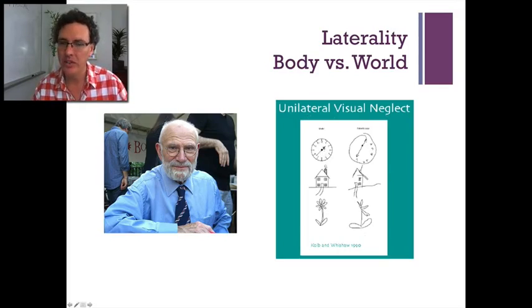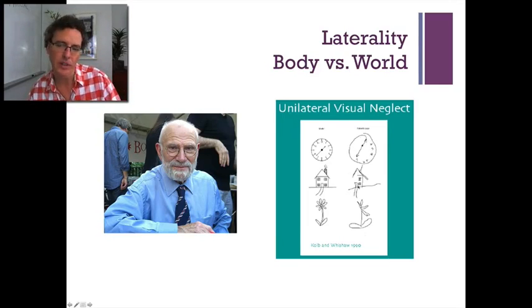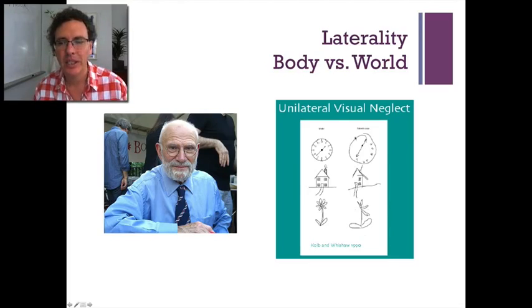If you gave patients these figures and you said, hey, can you please draw these? They would draw them, but you would note this common bias in the sense that the right side of the figures, they copy with pretty good detail. But the left side, they tend to leave a bunch of stuff out. In fact, it's kind of like with a lot of these studies, it's like they just don't see things on the left.